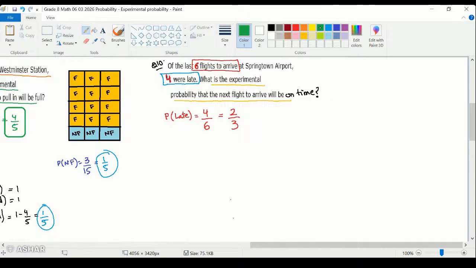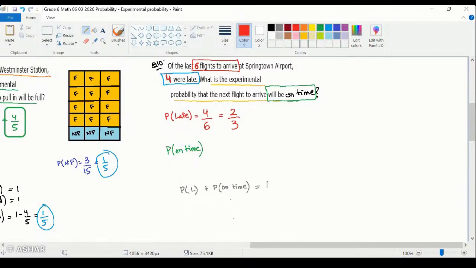But the question is asking us, how many flights will be on time? That means we need to find the probability of on time. As per the rule, we know that the probability of late plus the probability of on time, the total of the probabilities, should be 1.